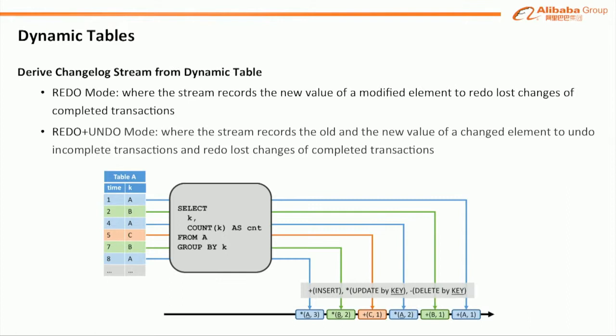Let's look at the other way around. Suppose you have a dynamic table and you want to derive its changelog. In this case, you have some options. The first option is when do we emit the changelog? This is the when question. The simplest choice is every time any record changes in the dynamic table, we generate a changelog in the stream.